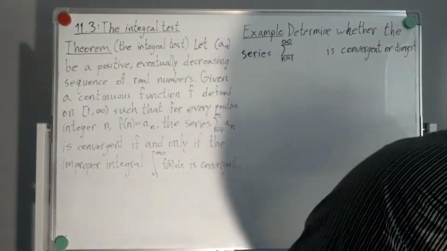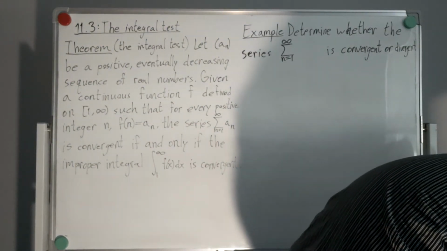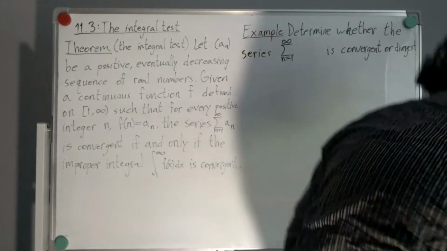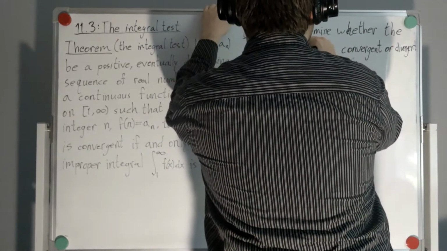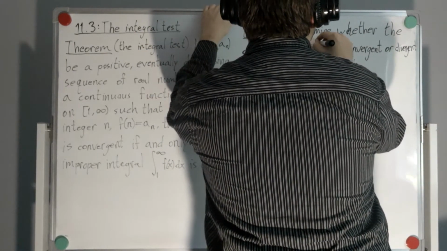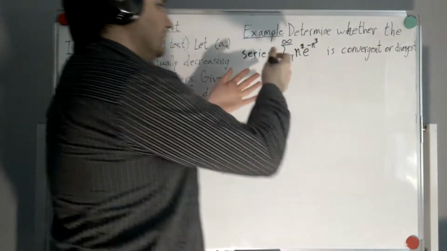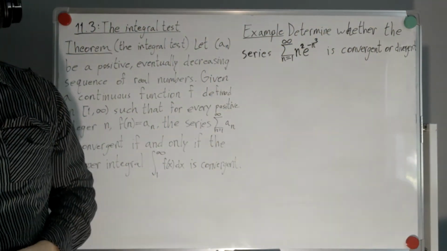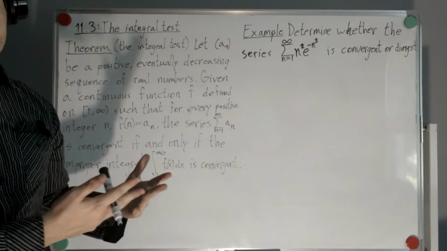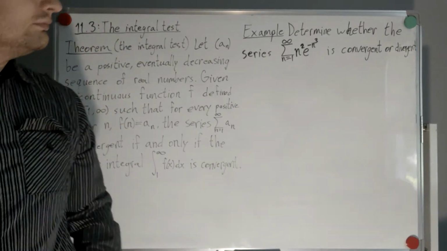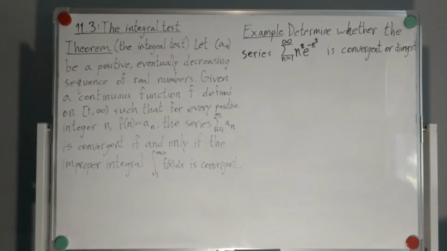All right, let's see. Next one is going to be n squared e to the negative n cubed. Once again, we're taking the sum from n equals 1 to infinity, and we want to determine whether that's convergent or divergent. So, no problem.